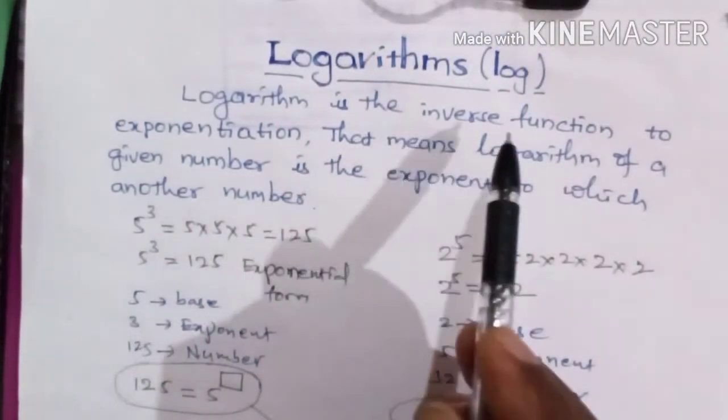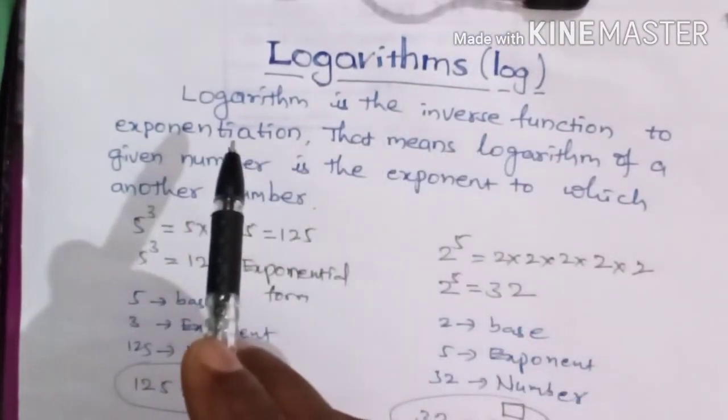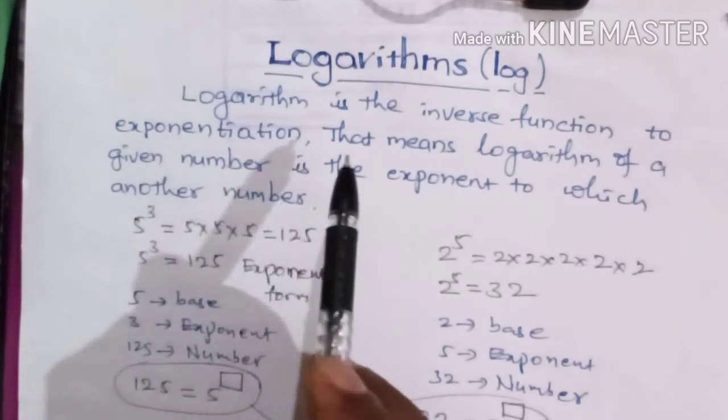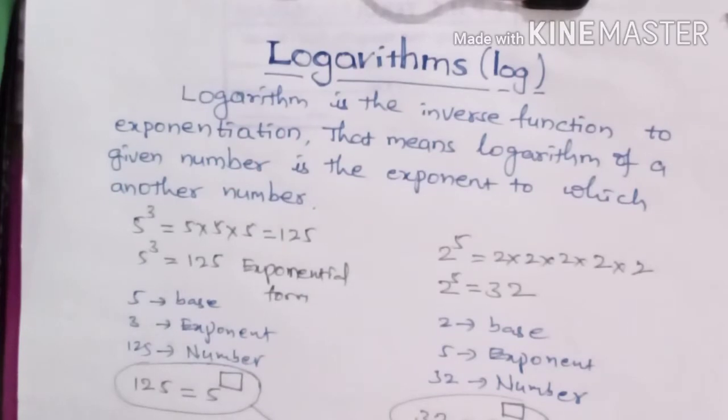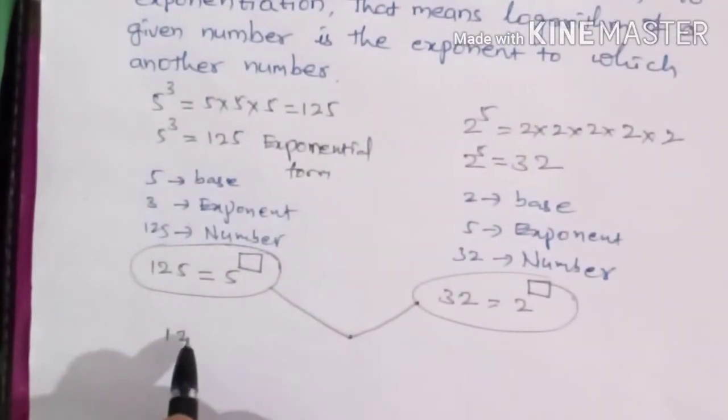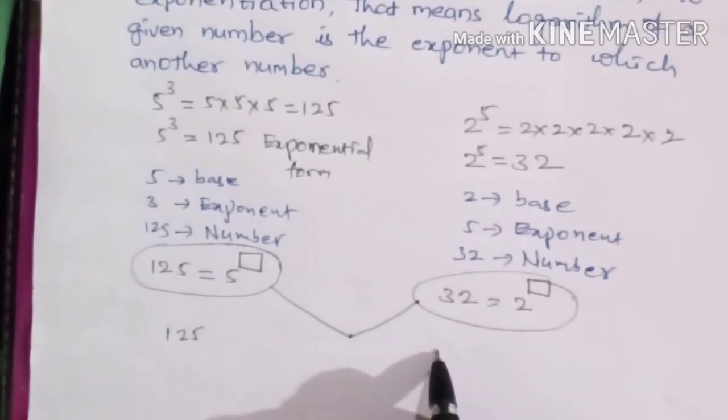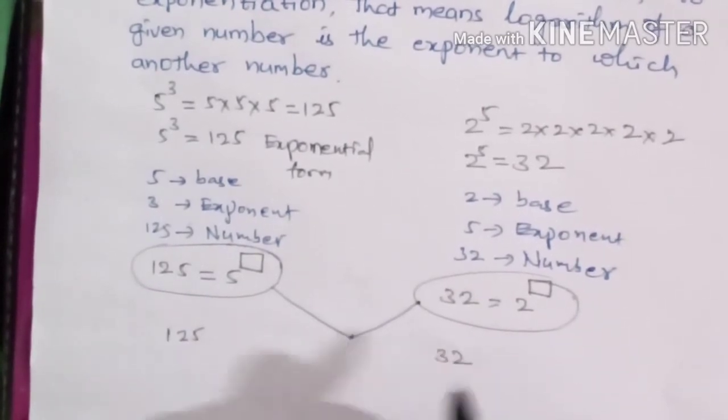Logarithm is the inverse function to exponentiation. That means the logarithm of a given number. Here the given number is 125, and here the given number is 32.